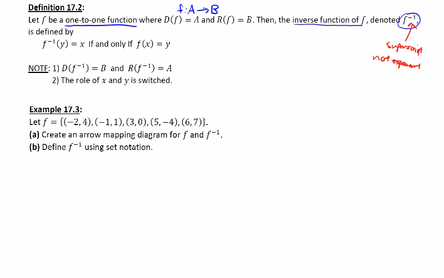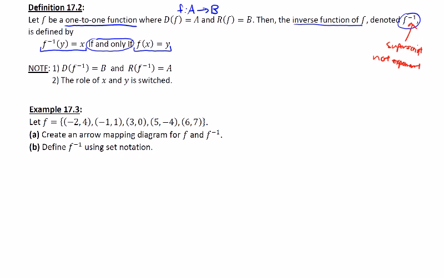So what this means is that the function is defined to be f inverse of y is equal to x if and only if f of x is equal to y. So what we're used to saying is that f of x is always the same as talking about the y value.